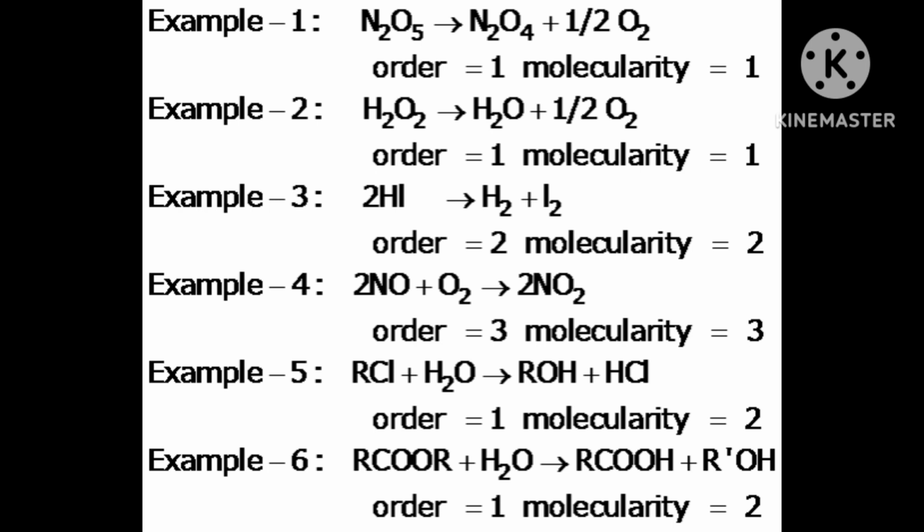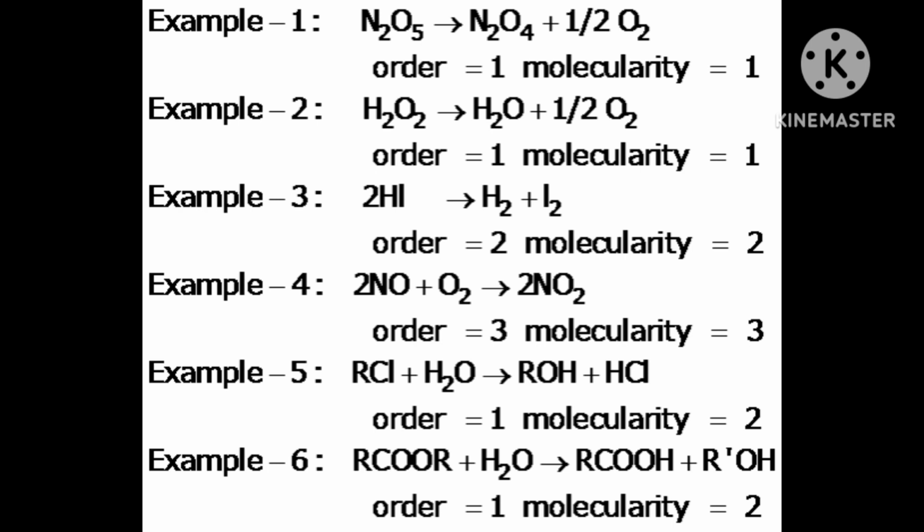You can consider x and y. Then x plus y is equal to n. Actually, order of reaction is indicated by small n. Then x plus y is equal to n, and n is the order of the reaction.